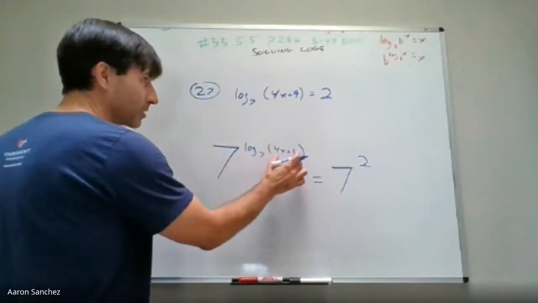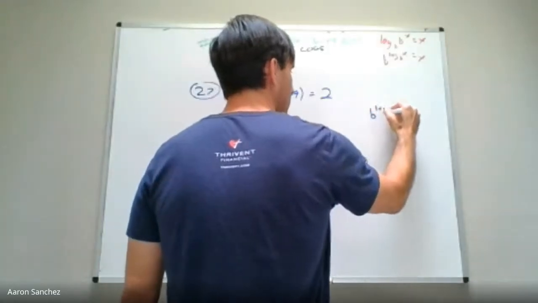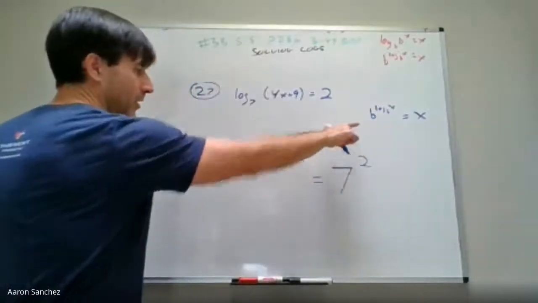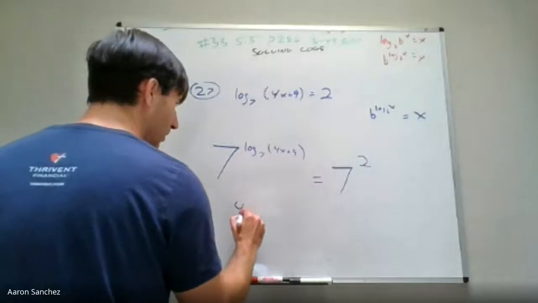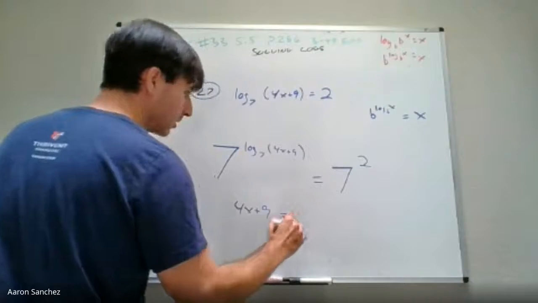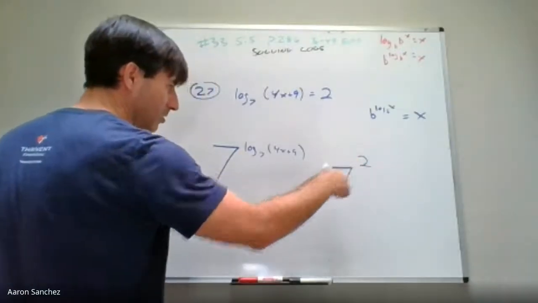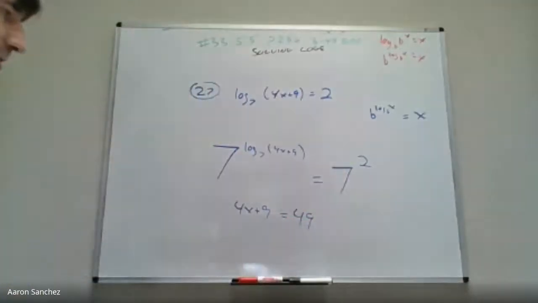This is my x. Remember I said before, if I have b to the log base b of x, that becomes x. That's what's going to happen here. These are going to cancel out. This ends up being 4x plus 9 equals, what's 7 to the 2? There's no log base 7 here, so it stays the same, but 7 squared we know is 49, and you can solve it like that.